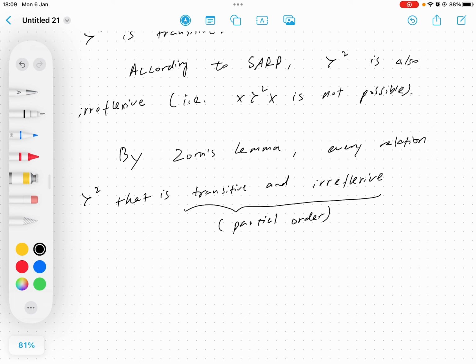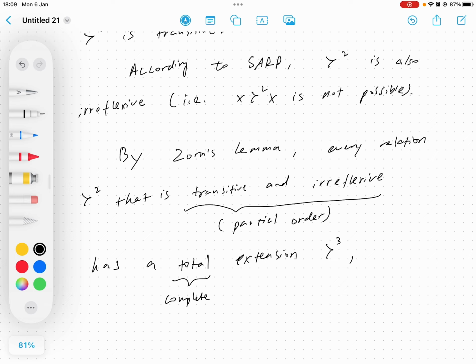So if the relation is transitive and irreflexive, it has a total extension, and total simply means complete. Those are just for the preference relation, the rational preference relation that we're going to get. We call this total extension the third version of this relation.